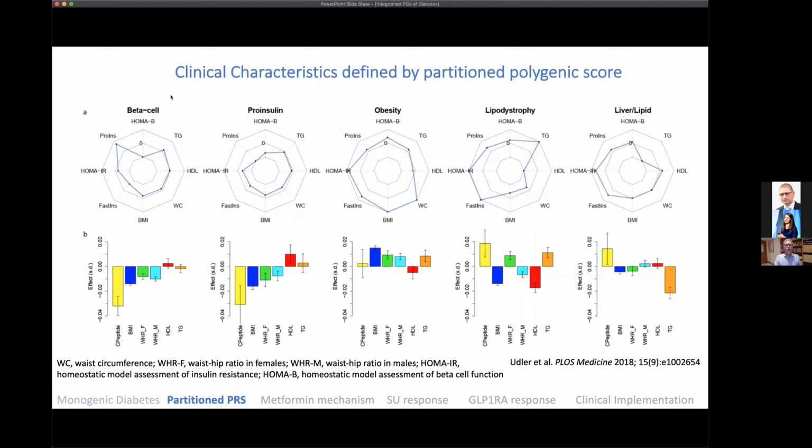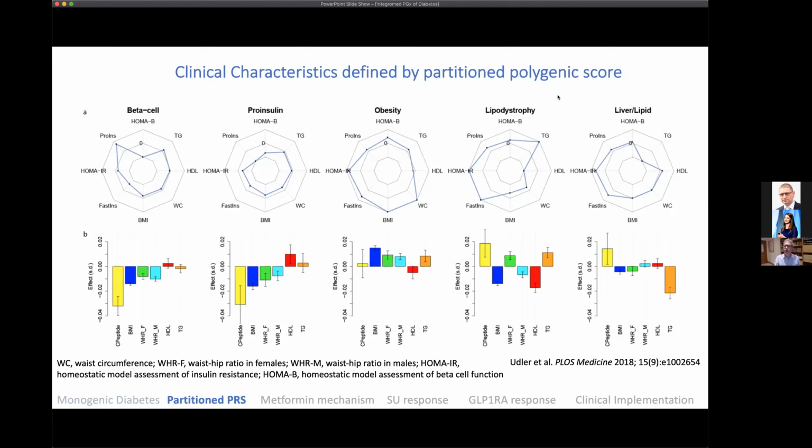So when you then look at these different genetic clusters, and this is actually a parallel study that was done by Miriam Udler and Jose Florez that was published at a similar time, using slightly different SNPs, slightly different phenotypes, but ending up with very much the same genetic clusters. We have 2 clusters on the left that are beta cell deficiency clusters, one of which has a high proinsulin and one of which has a low proinsulin. And that's important for the next couple of slides.